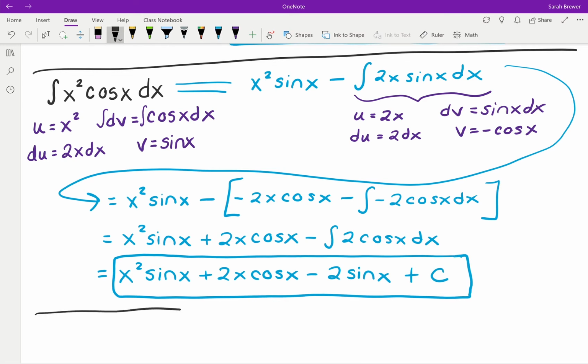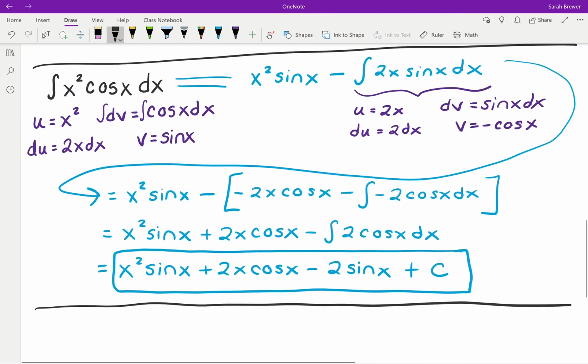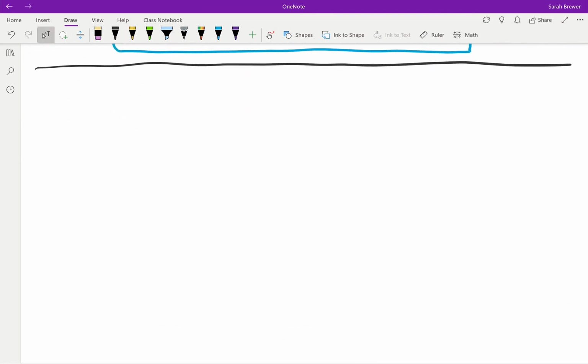The last one we're going to do is probably the trickiest type of problem that you'll see with integration by parts. And that's the case where we have a product of two functions, neither of which disappears after repeated differentiation, right?